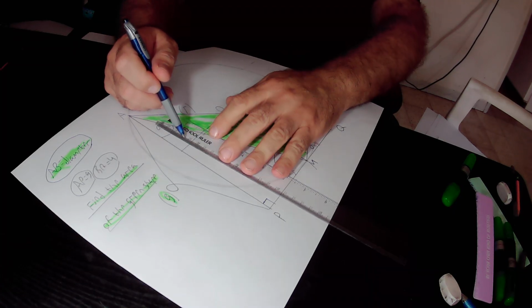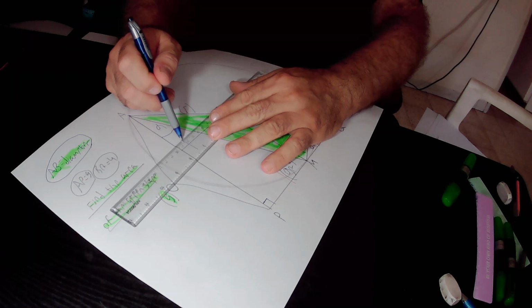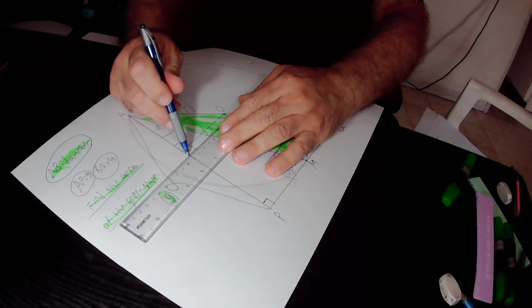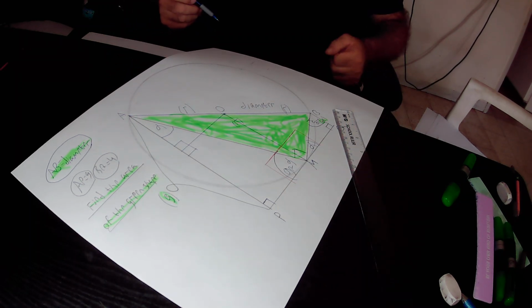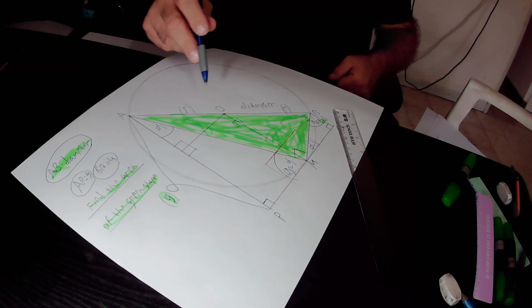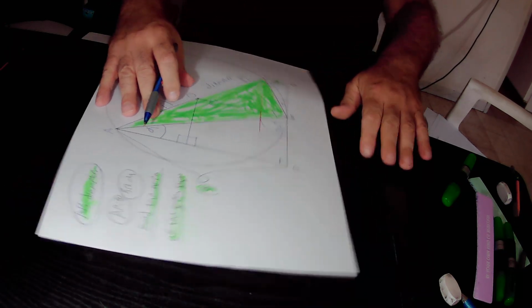So actually, this angle equals 90 degrees, and this angle also equals 90 degrees according to our construction. We will define the touching point of the perpendicular from point O and AP. This point is point L.